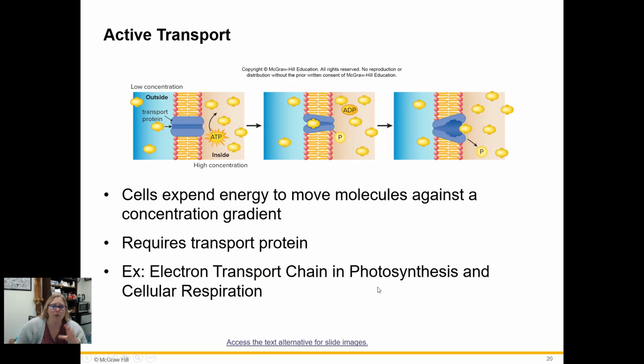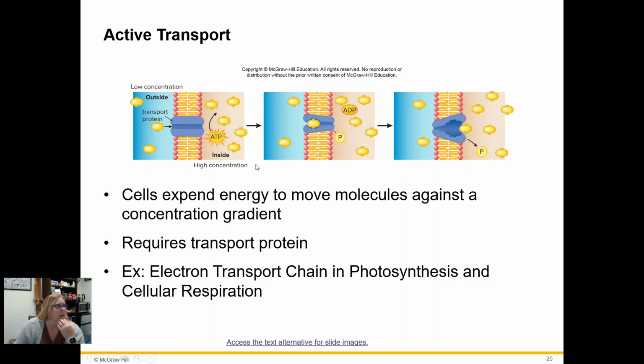We see this in both the electron transport chain of photosynthesis and cellular respiration, which we'll talk about more in chapters 6 and 7, so keep this in mind. We are going to be creating a concentration gradient and going across that concentration gradient to move away from equilibrium. And then the cells can actually use that to generate more energy. It's crazy. It's so cool.